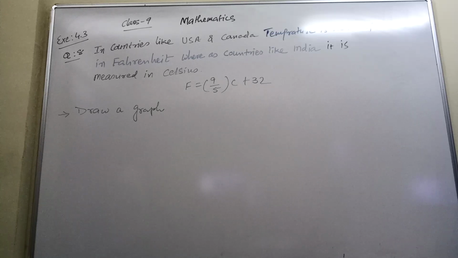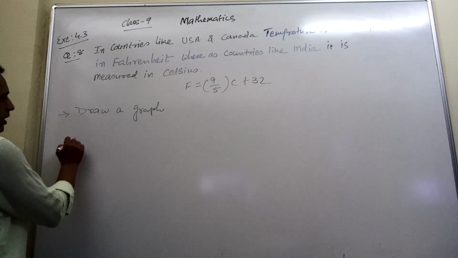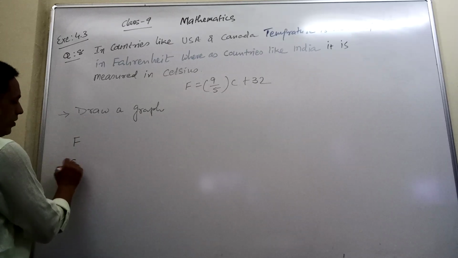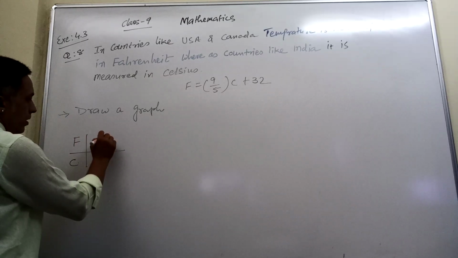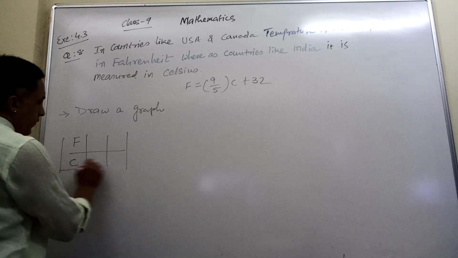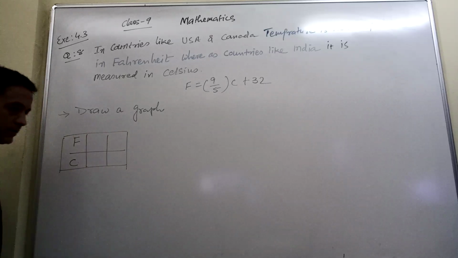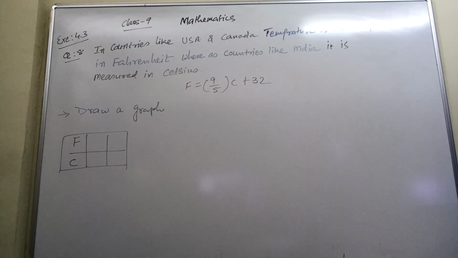In the question it is said to draw the graph of the linear equation above using Celsius for the x-axis and Fahrenheit for the y-axis. So first of all, I will make a table of Fahrenheit and Celsius, with Celsius for the x-axis.